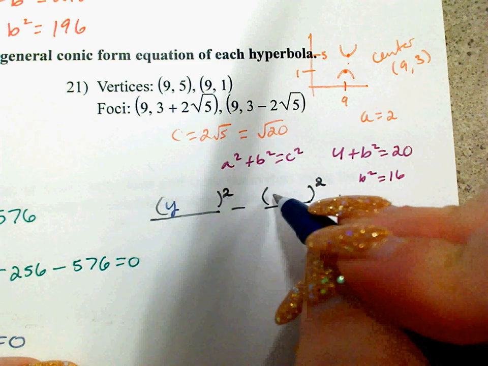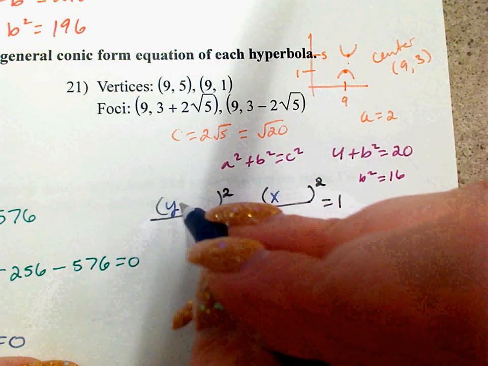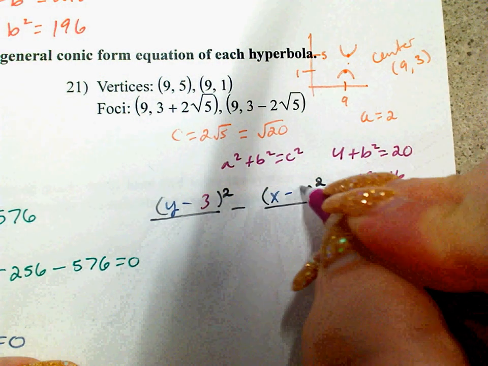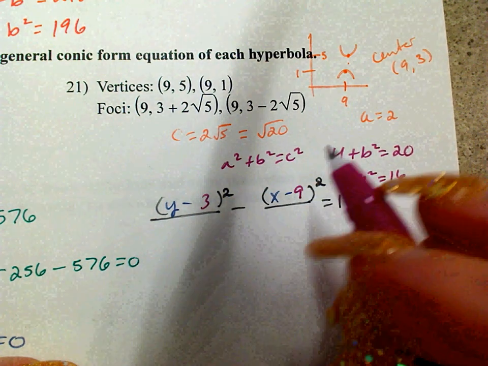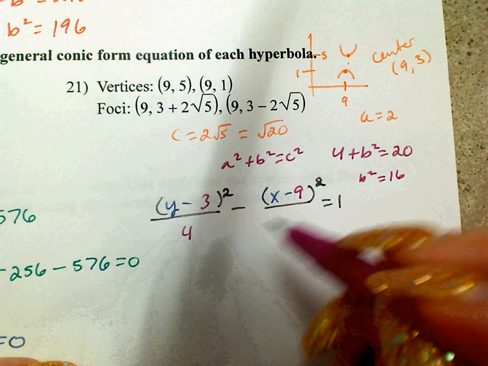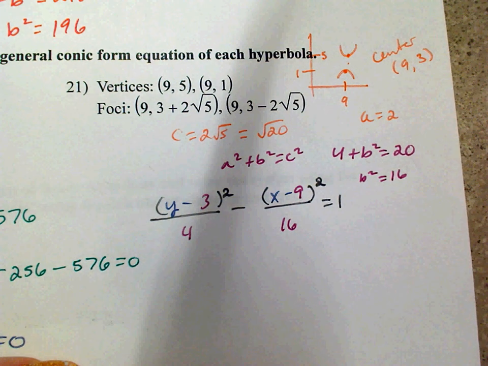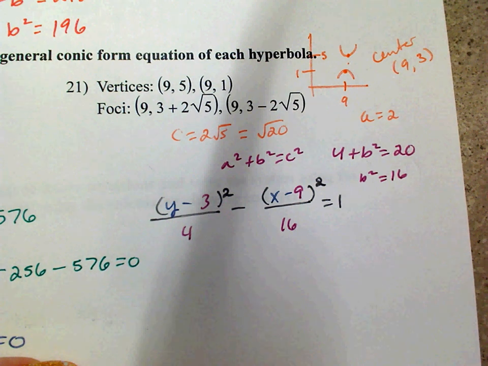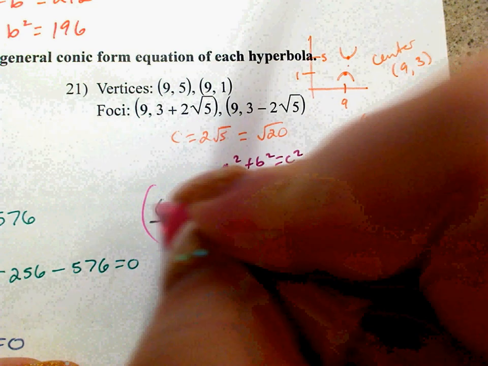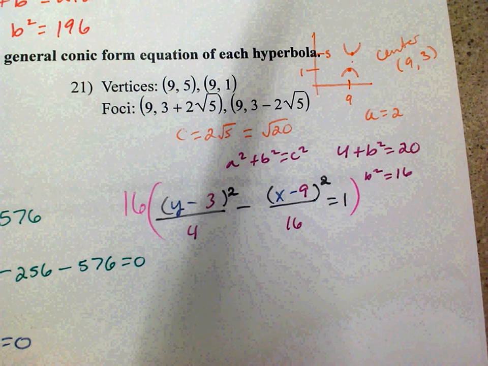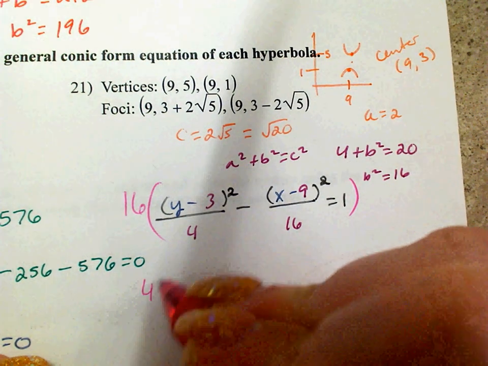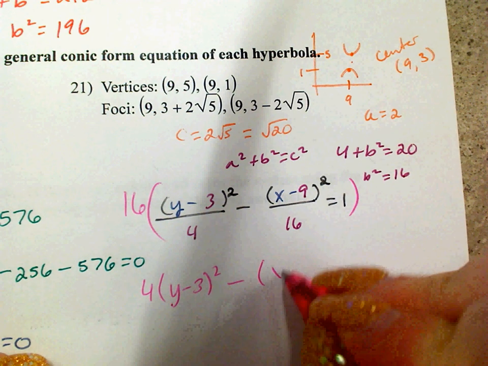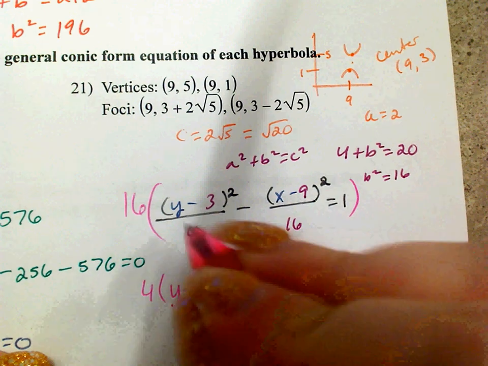The center is at (9, 3), so it's going to be minus 3 and minus 9. And a goes first, so a squared is 4 and b squared is 16. The smallest number that both 4 and 16 go into is 16, so we're going to multiply the entire equation by 16. 16 divided by 4 is 4, so I've got 4 times (y minus 3) squared. 16 divided by 16 is 1, so just minus (x minus 9) squared. And that equals 16. You're going to distribute the 16.